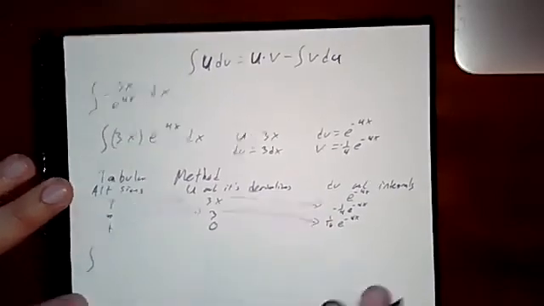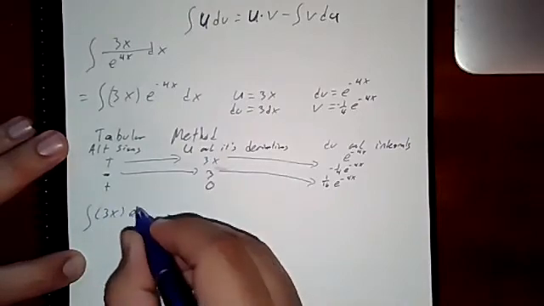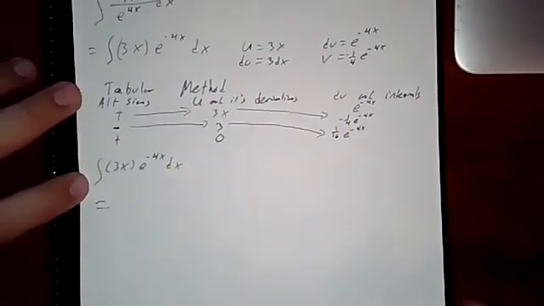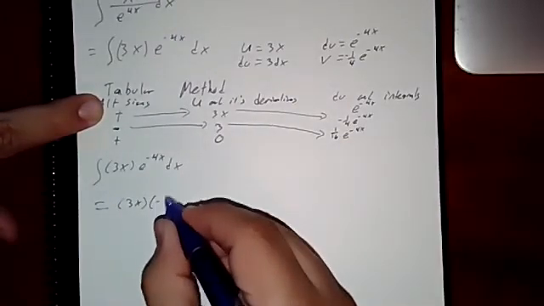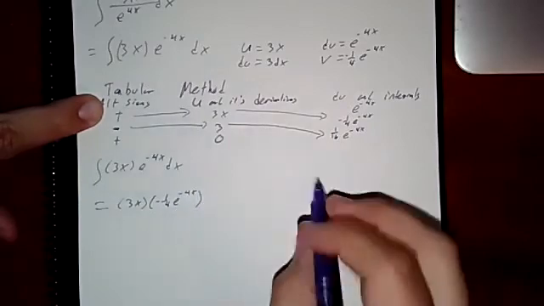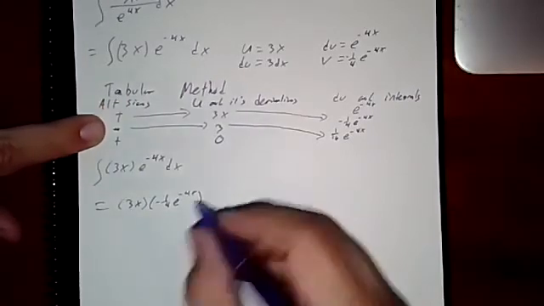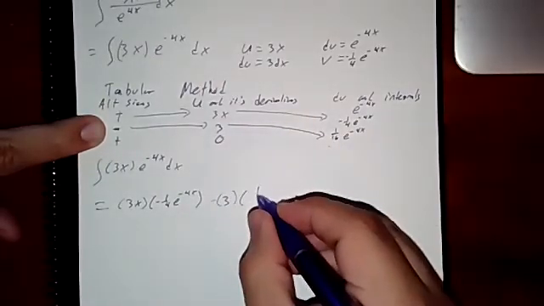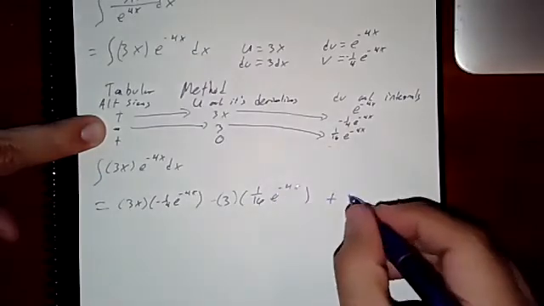So the answer for the integral of 3x e to the negative 4x dx will equal plus 3x times negative 1/4 e to the negative 4x, minus 3 times that bottom one, 1/16 e to the negative 4x, plus c.